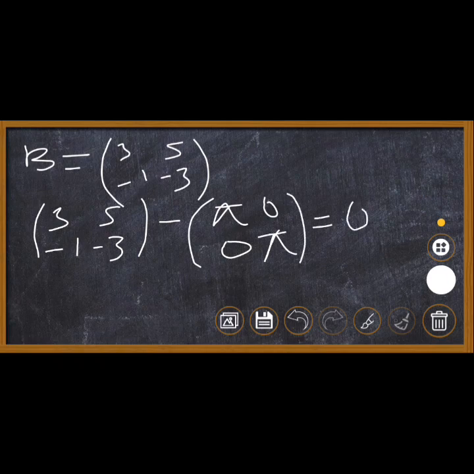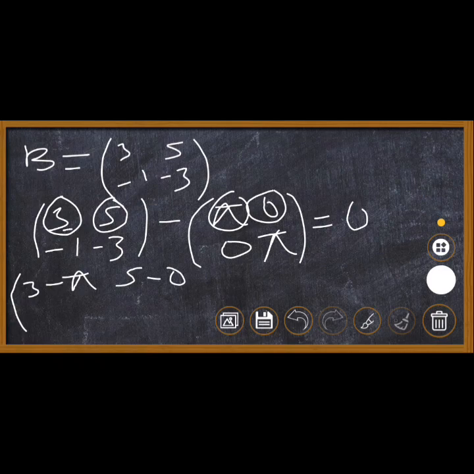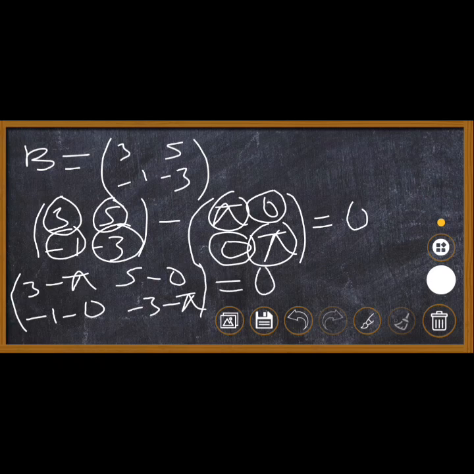So in this case, simplifying further, we have 3 minus pi, and then 5 minus 0, and also -1 minus 0, and -3 minus pi. Okay, all of this equal to 0.